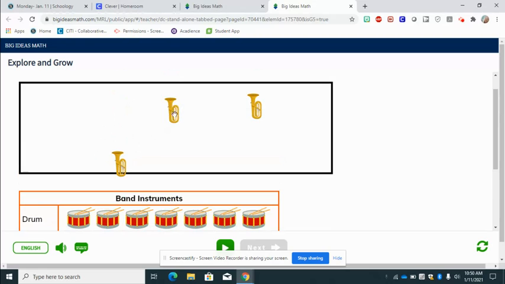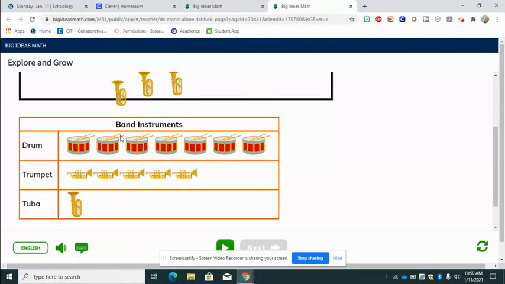Just going to drag them all to the bottom first. Okay, so we have 1, 2, 3, 4, 5, 6, 7 drums, and we have 1, 2, 3, 4, 5 trumpets, and we have 4 tubas.